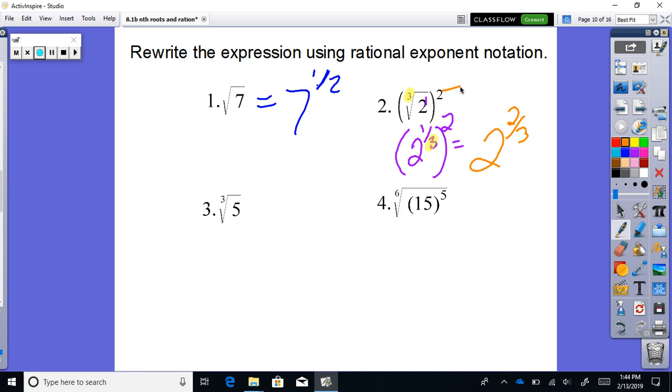You could have rewrote this right away as the cubed root of 2 squared, and then went right from there, where the index becomes the denominator and the exponent becomes the numerator of your fraction. So cubed root of 2 squared is the same thing as the cubed root of 4.